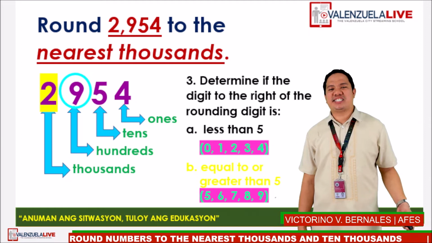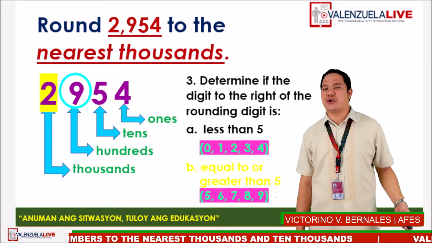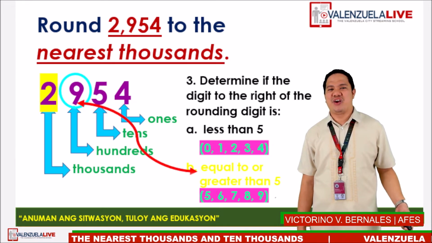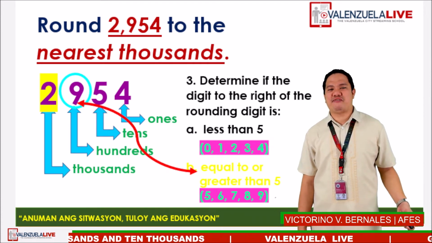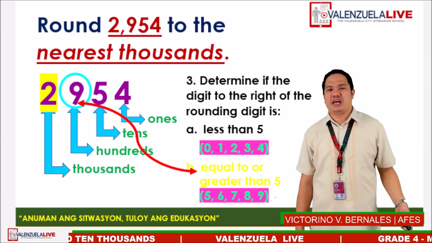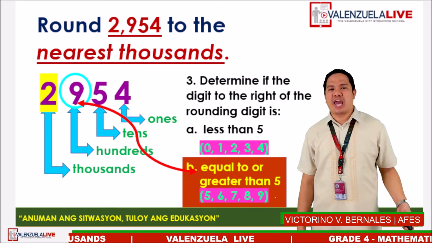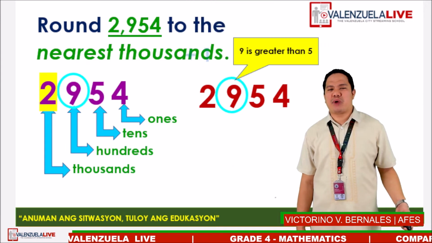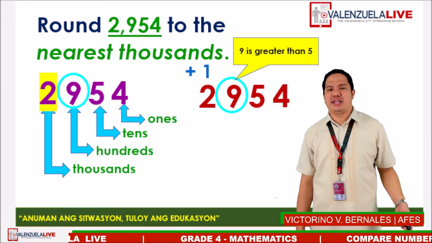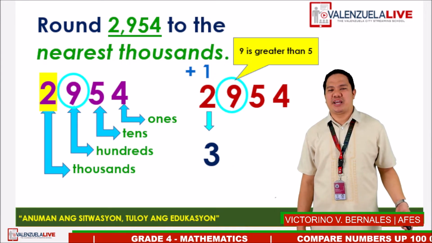Now, is 9 less than 5 or greater than or equal to 5? Very good. 9 is greater than 5. Then, we have to add 1 to the rounding digit. Then, it becomes 3.